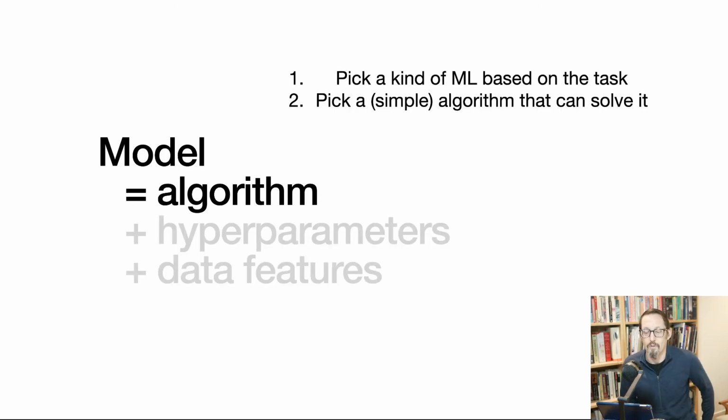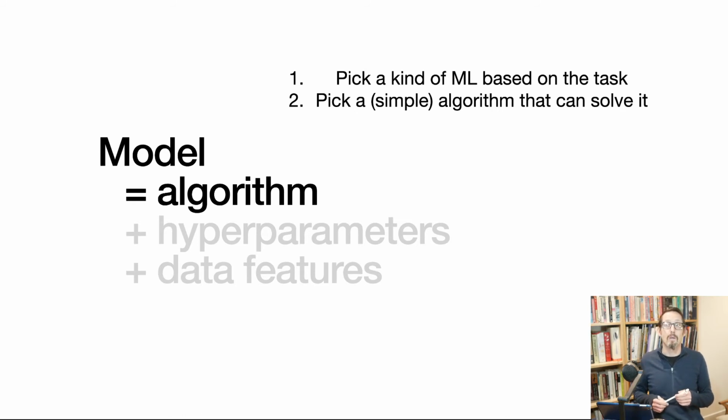Okay, so we want to pick a kind of machine learning algorithm based on the task, right? So if you're trying to do continuous number prediction, regression is the right kind of answer, right? And if you're trying to do classification, you have several things to choose from, including the decision tree, okay? And there are literally hundreds of other choices for these.